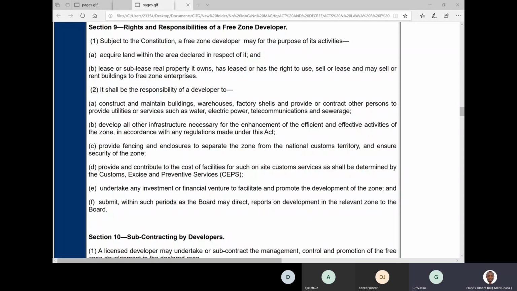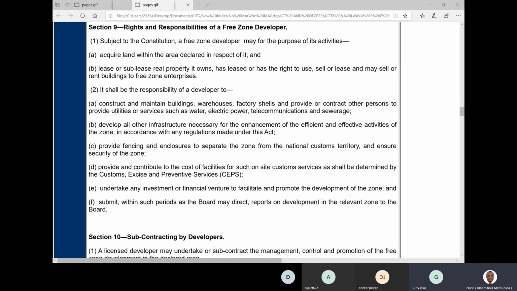If you are taking anything outside the free zone, it is seen as importing. And you know the way the security at the ports is. The same way we expect the declared free zone area to have that same security.